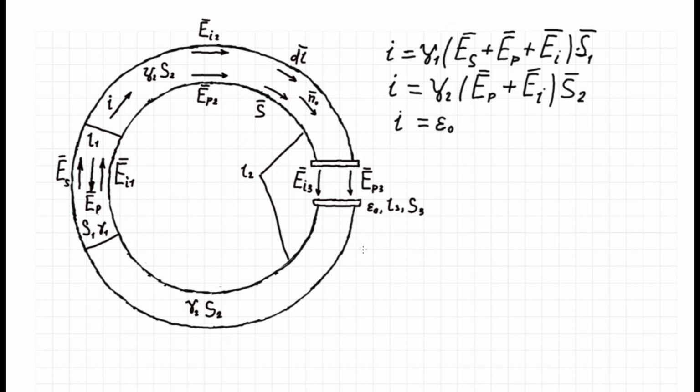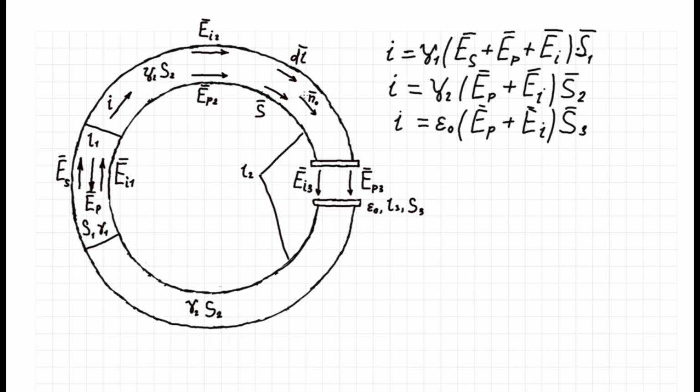Epsilon 0 is the permittivity of vacuum, and we can multiply it by E with subscript P plus vector E with subscript I, the parts potential and induction, and the cross section S3.